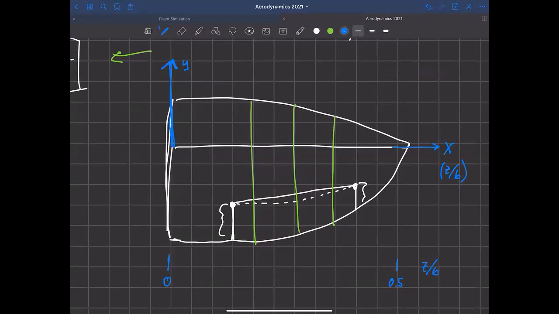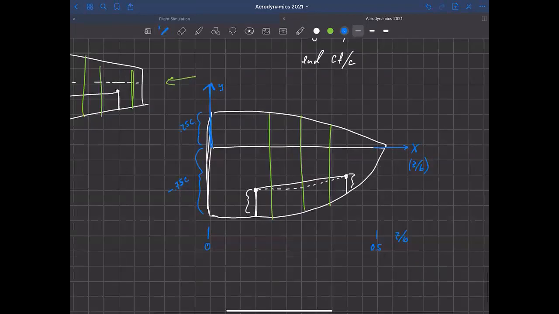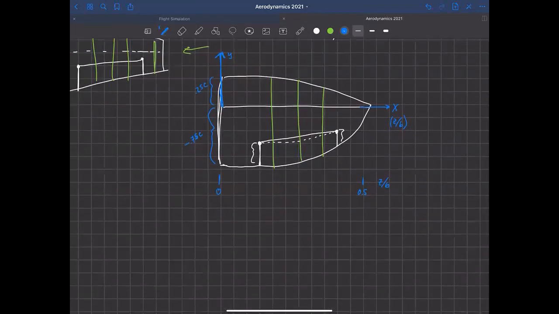And then in the Y direction, we plotted the chord distribution for this wing. What we did was we said up here, this is always 25% times my local chord, so 0.25 C. And then down here, this was minus 0.75 times C, the local chord, right? And so I knew the chord. We have an array of arrays of information here. For example, we have Z over B, and that's an array.